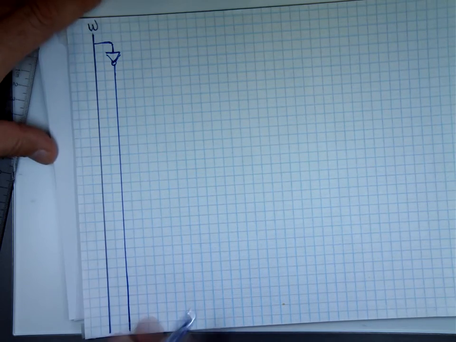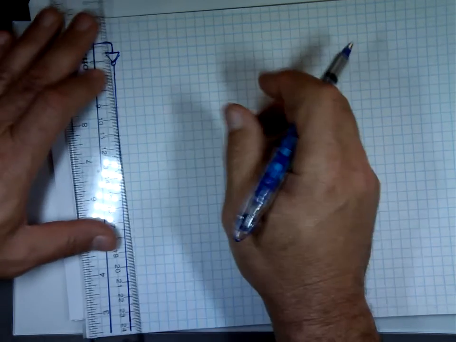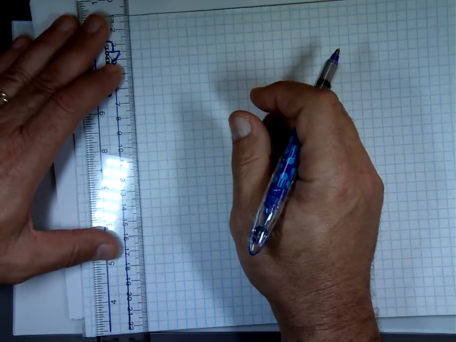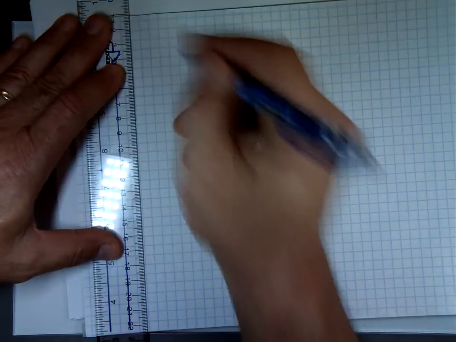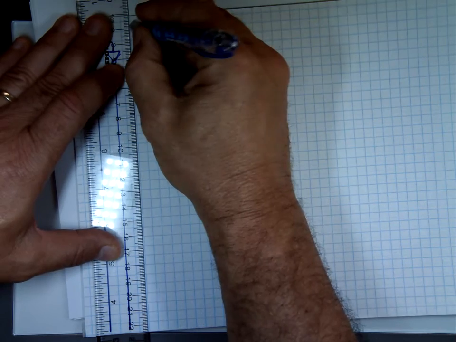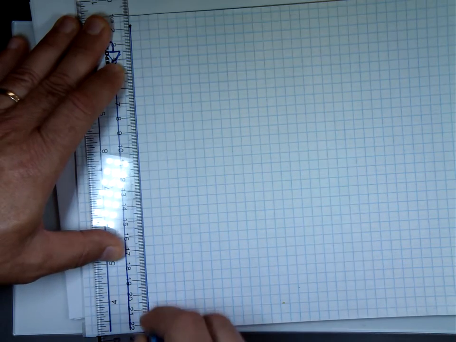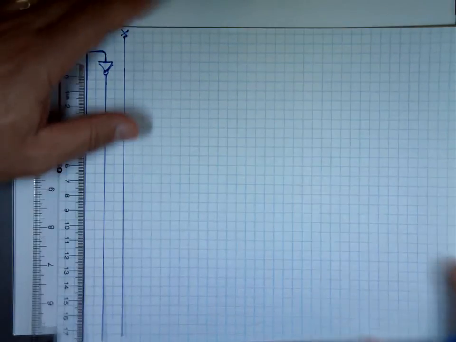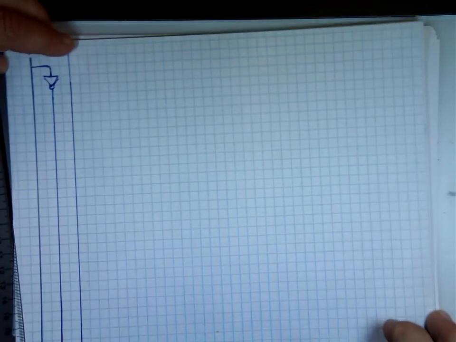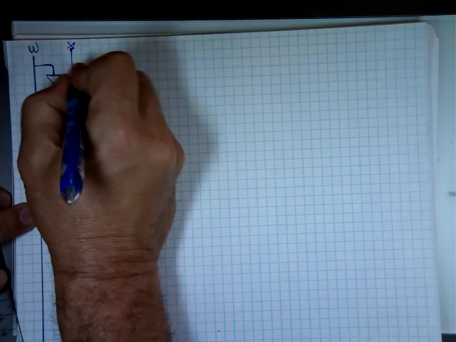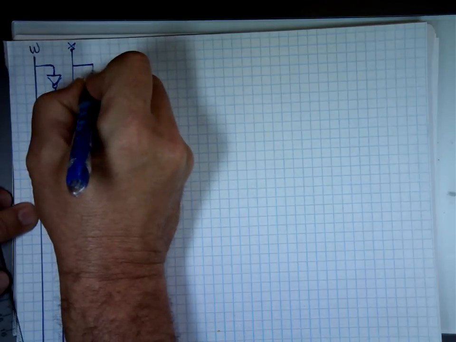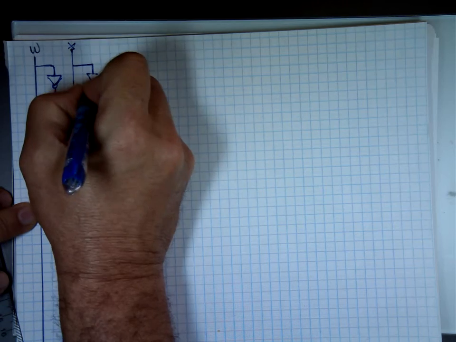Then I need another one here. W, X, Y, and Z. Let's do X here. This is X. X has 2 NOT bars? Does it matter if it has 2 NOT bars? Nope. You'll see how we're going to do that.